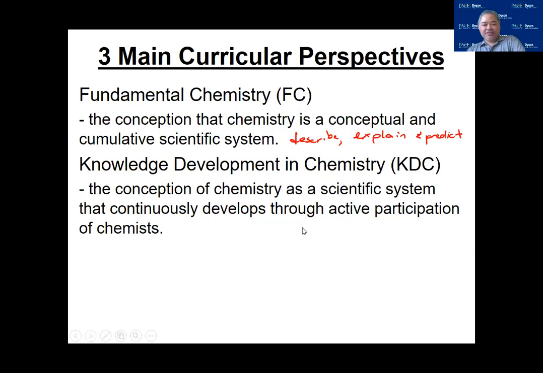It's not that you just say, okay, this is all about chemistry. No, chemistry knowledge will expand as you continue doing experimentation. So the curricular focus here is mainly learning how knowledge in chemistry is developed in socio-historical settings.